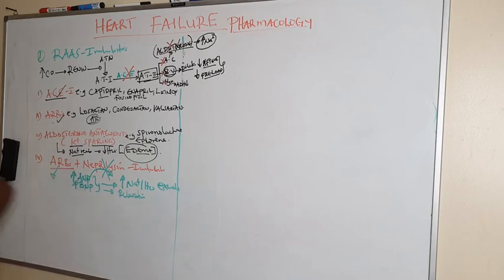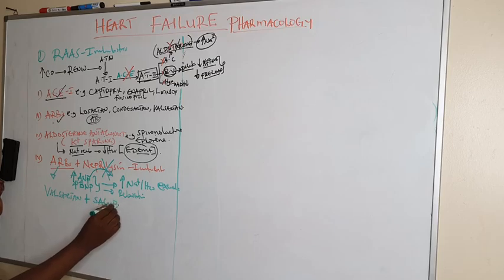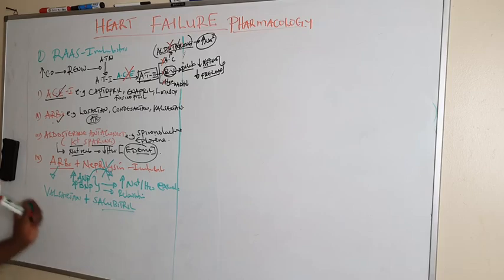So it is always valsartan, which is an ARB, combined with sacubitril, which is a neprilysin inhibitor.